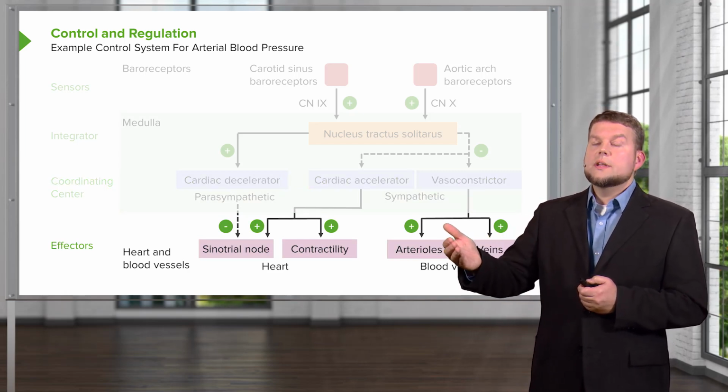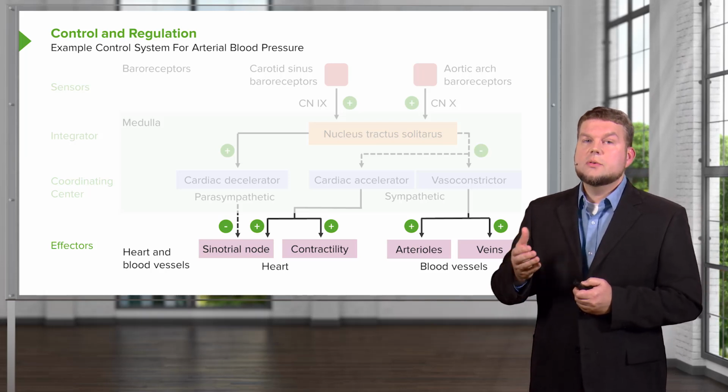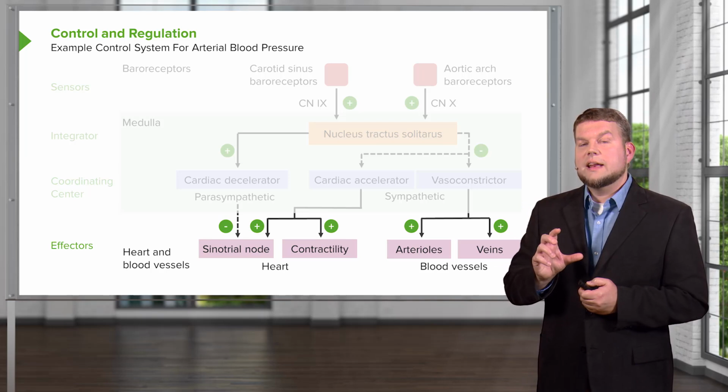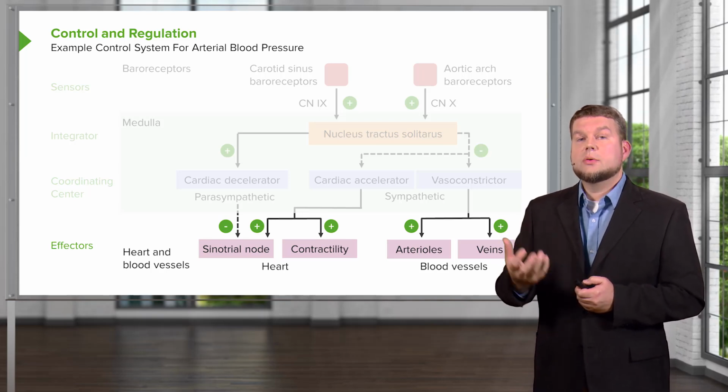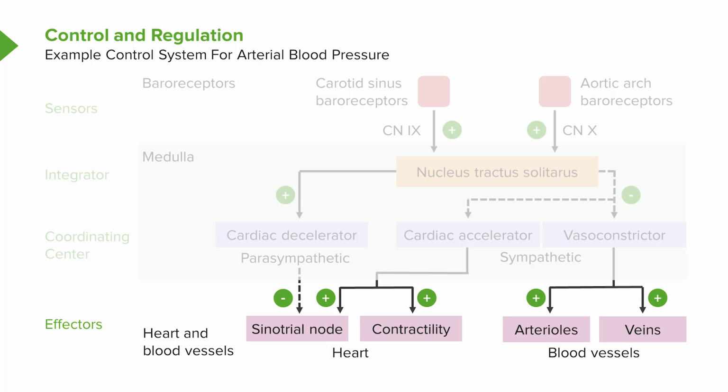You're also going to be giving a positive signal to the portions of the heart that have to do with heart rate, and that increases your heart rate. You're going to increase your contractility. You're going to increase the signal sent to your arterioles, which are part of your blood vessels, that cause vasoconstriction. You're going to increase the signal to the portions of the veins that can also venoconstrict.